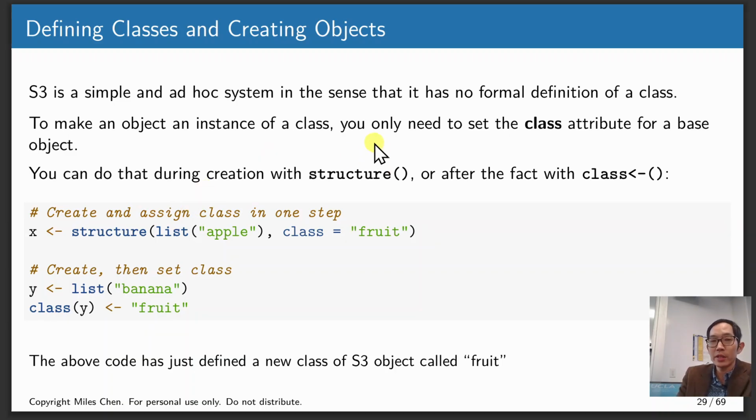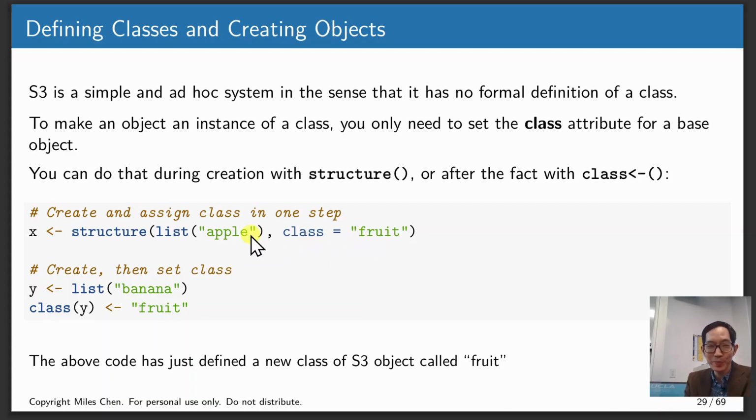Okay, so again, the S3 system is ad hoc, informal. You can just define things on the fly, all right? And so you can do this. You can create new classes by calling the function structure, and inside structure you give it basically a base type, and then you provide the argument class equals whatever.